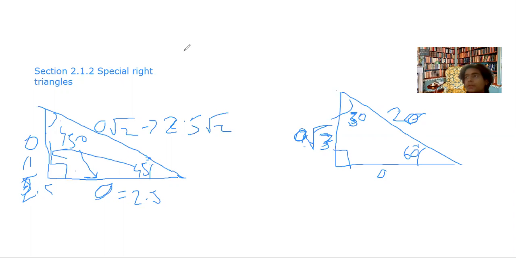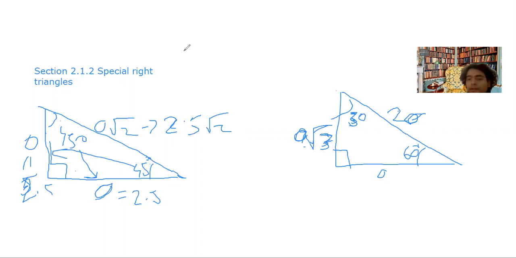Actually, let's do 5 and 6. 5 squared would be... it's going to be too complicated, I'm sorry. But just remember the opposite of the 90 degree angle is going to be the biggest side in a right triangle. You can apply this idea to any type of triangle, obtuse, acute, or any type you're trying to solve.